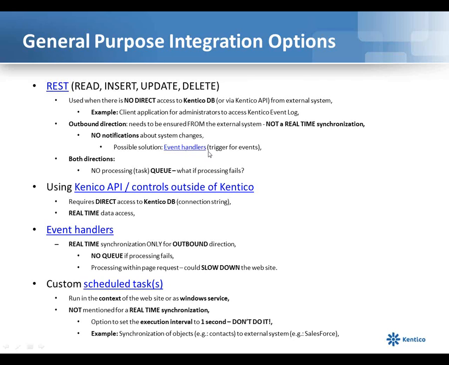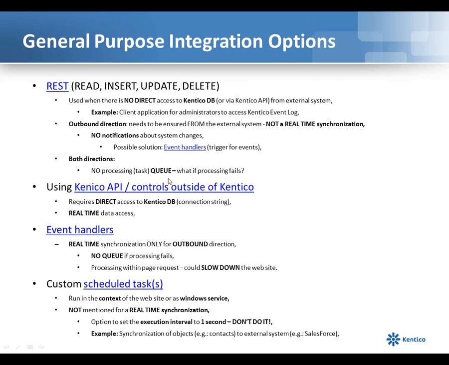So with the event handler combined with the REST module, you can ping the external system that there is something which was changed in Kentico, and the external system can access the data with the REST module. Or you can, from the event handler, directly post the data to the external system. That's up to you, but the outbound direction is a bit more complicated to integrate compared to the inbound, because the REST module allows you to insert, update, or delete data from external systems, so that's fairly easy to do.